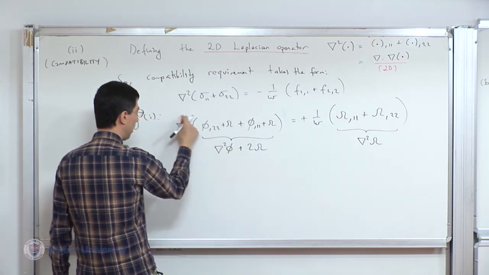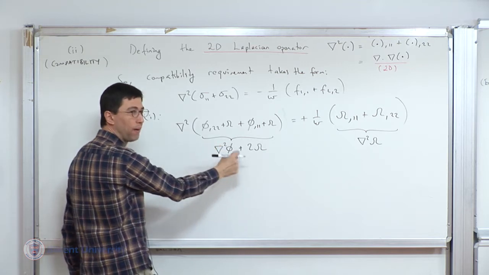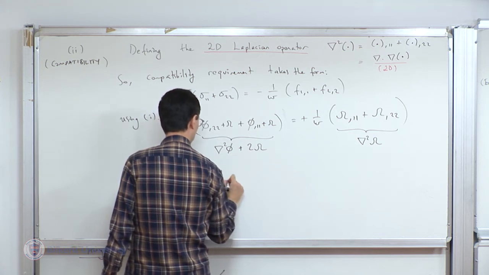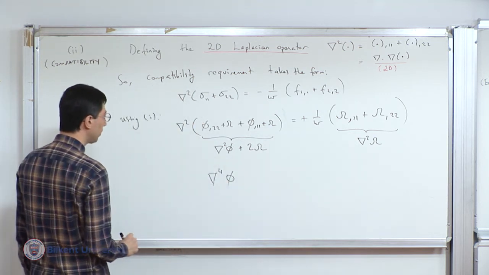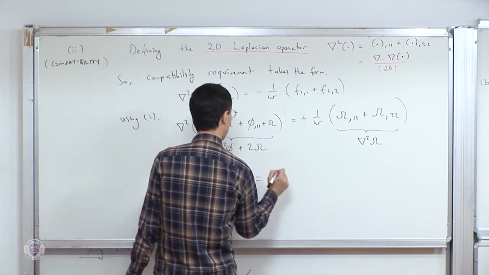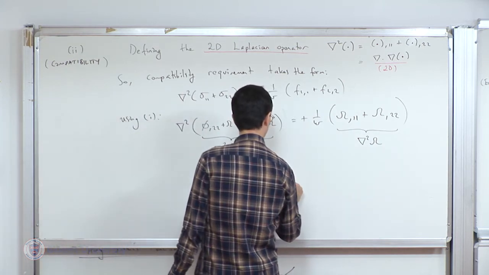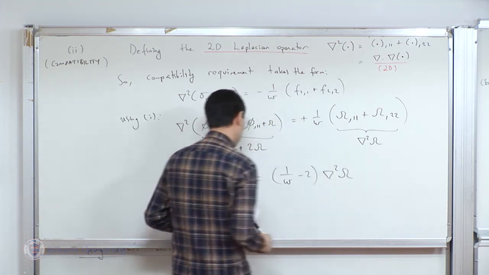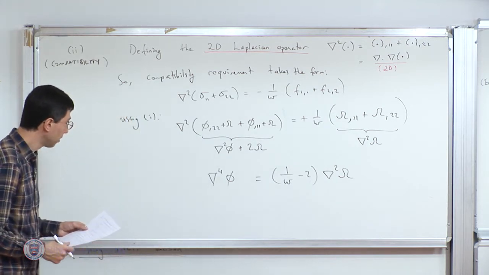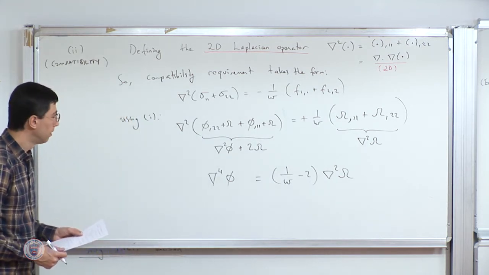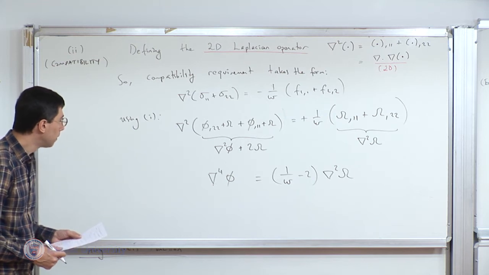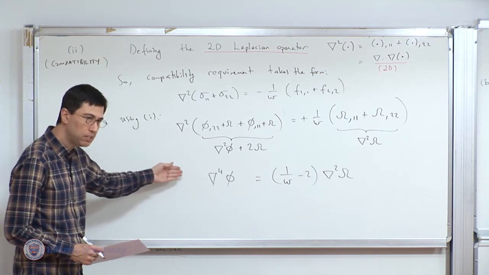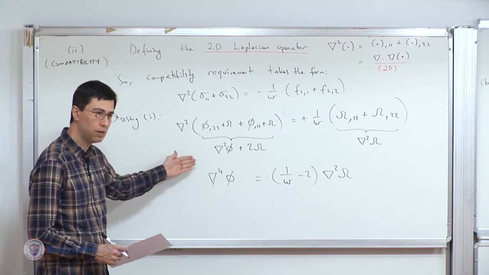And on the left-hand side, I have gradient to the power 4 phi. Okay? So this is equivalent to gradient to the power 4 phi equals 1 over omega minus 2 Laplacian capital omega. And that is compatibility written in terms of the Airy stress function.